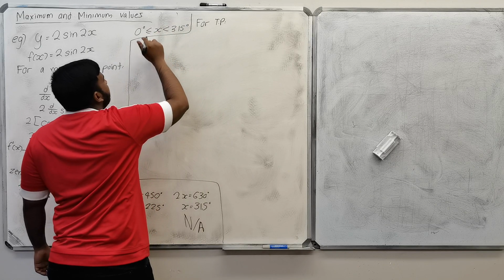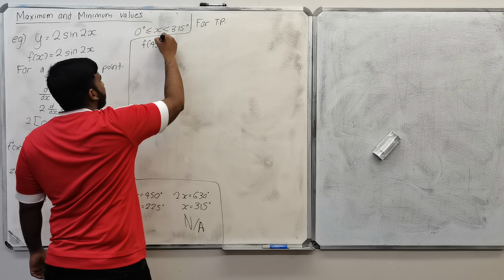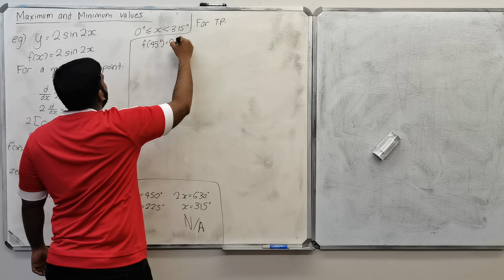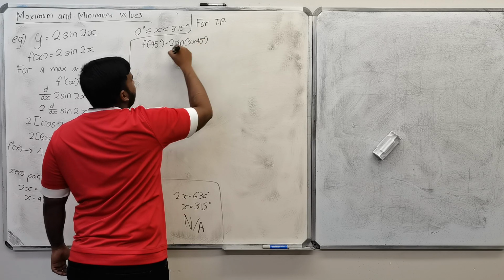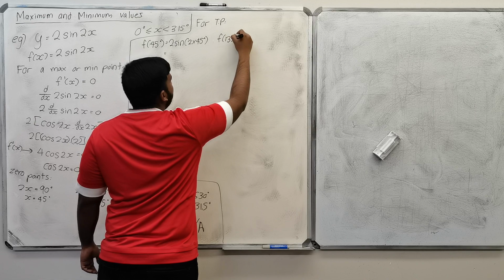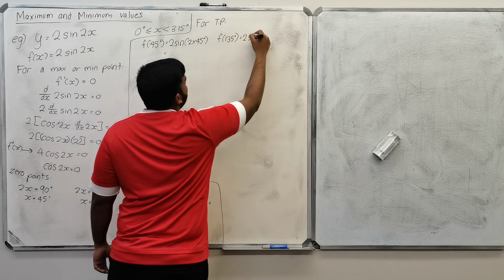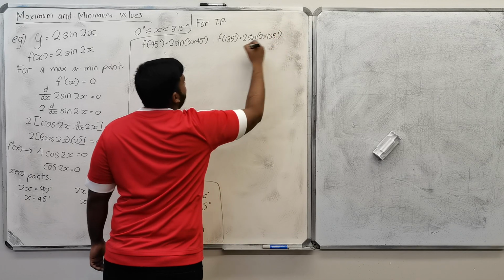So for your turning points, f of 45 degrees is equal to 2 sine of 2 times 45 degrees, yes? f of 135 degrees is equal to 2 sine of 2 times 135 degrees.